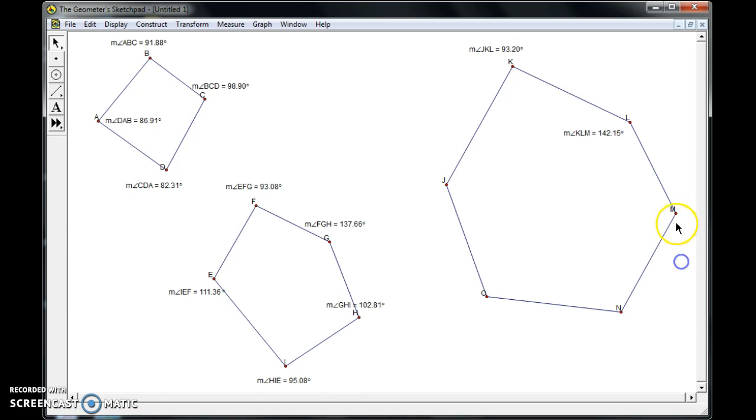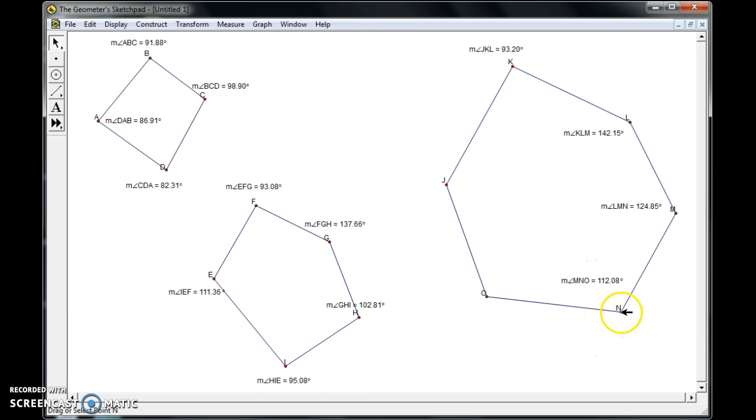Our next angle we're going to calculate is LMN, and the measure of that angle is going to be 124.85. Next angle we want to do is MNO. So the measure of that angle looks like is 112.08.